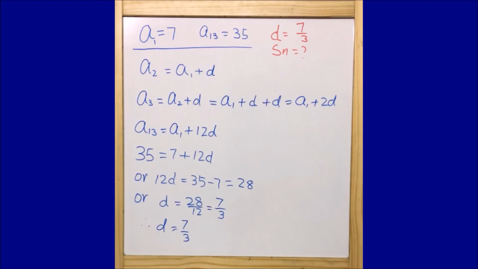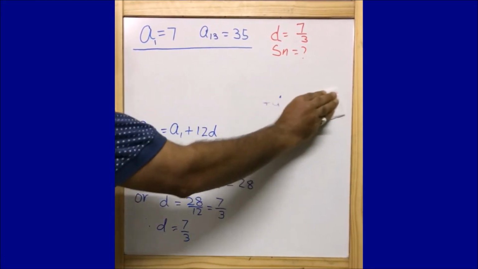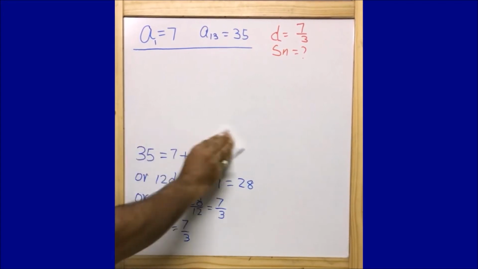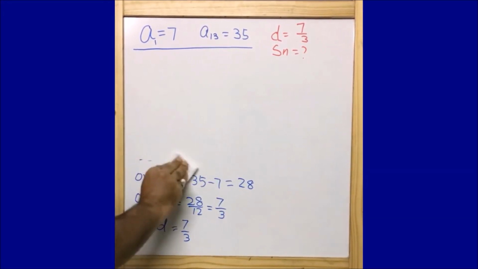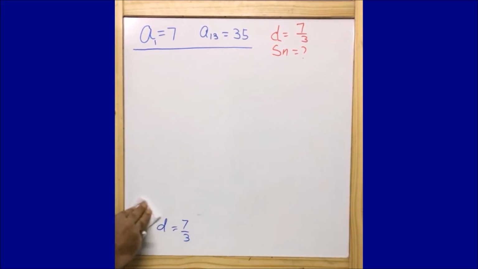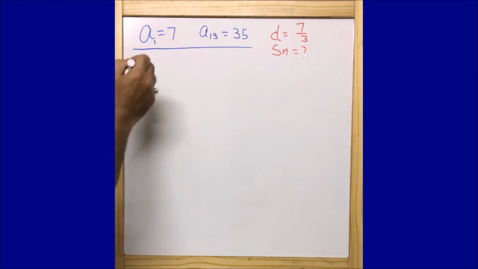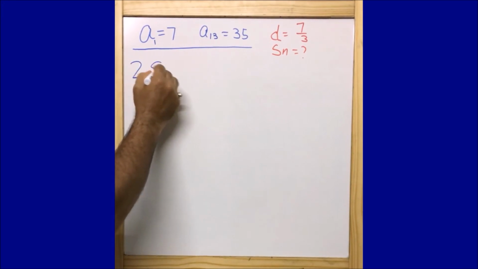Now with the help of this D, we are going to find out the value of S13. So again we are going to use our formula, 2Sn is equal to n into A1 plus An.